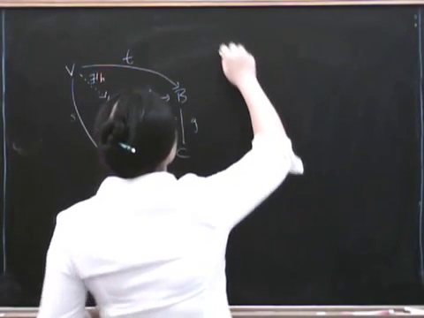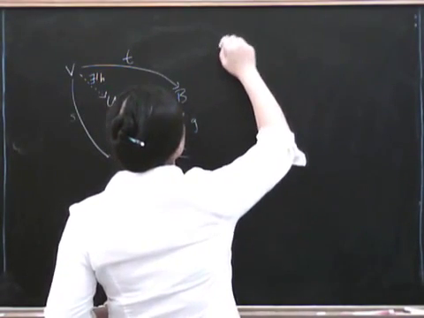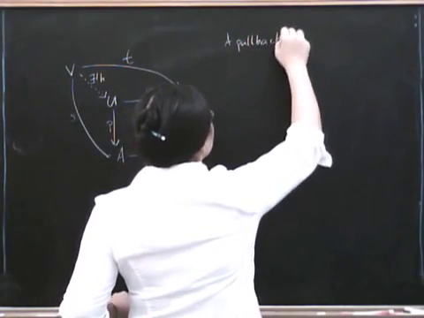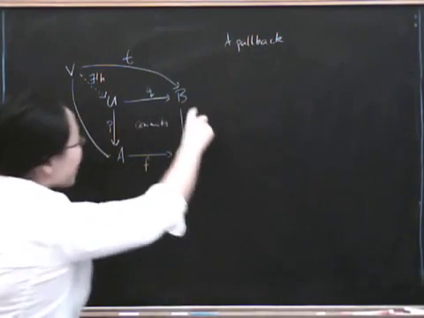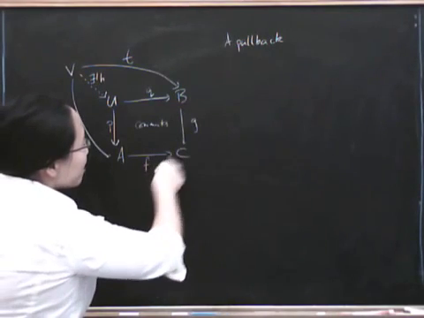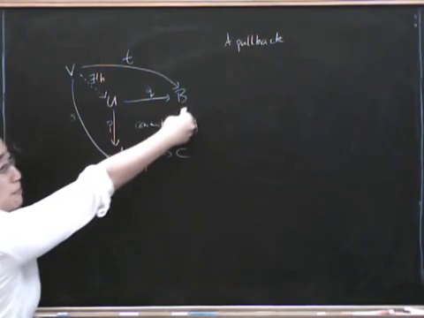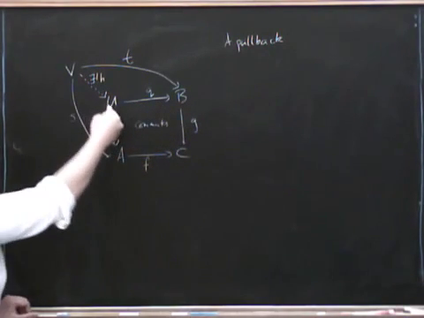So what this is saying, so pullback, we often call this a pullback of G along F, because you can imagine that G is a thing over here, and you're pulling it back along F until it gets all the way to here.